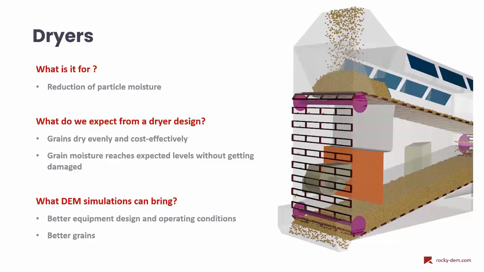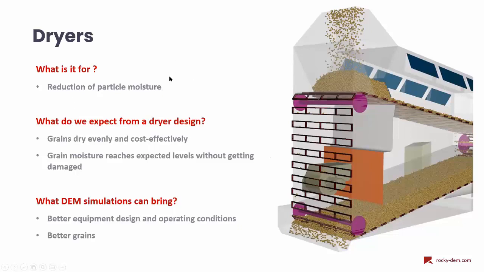So what is a dryer for? In very general lines, a dryer is basically any sort of equipment that will ultimately reduce particle moisture.